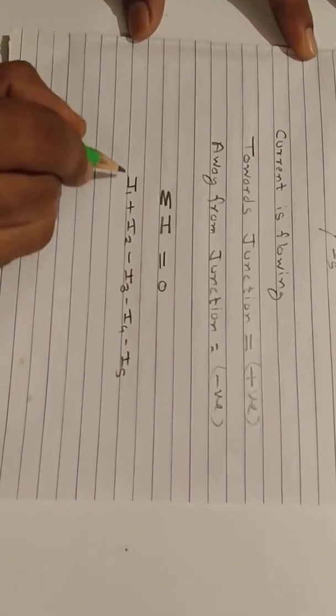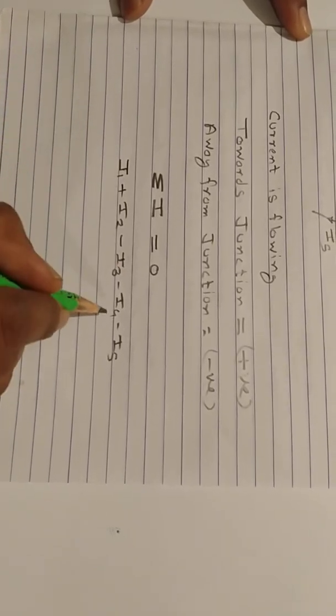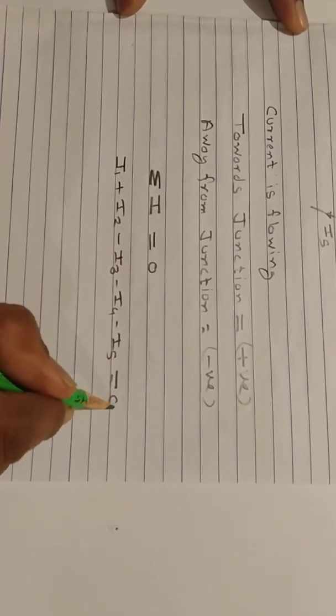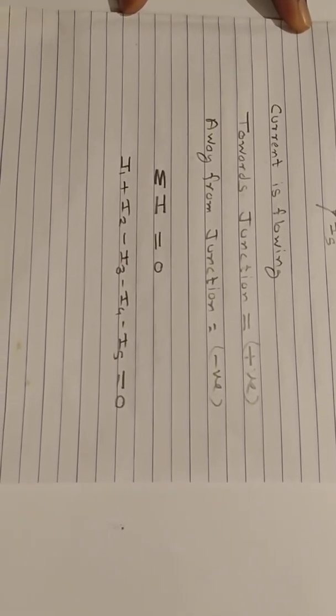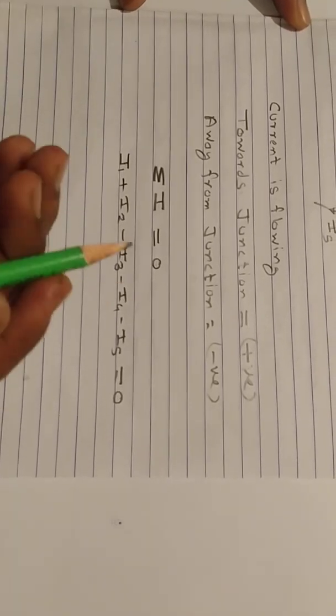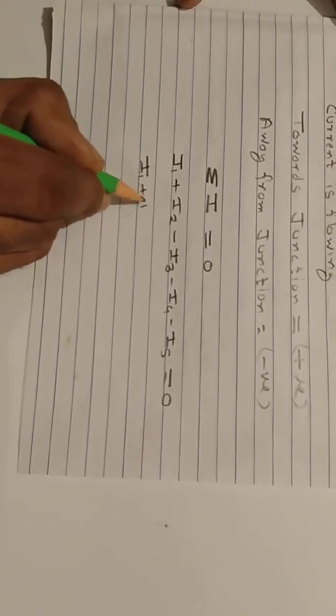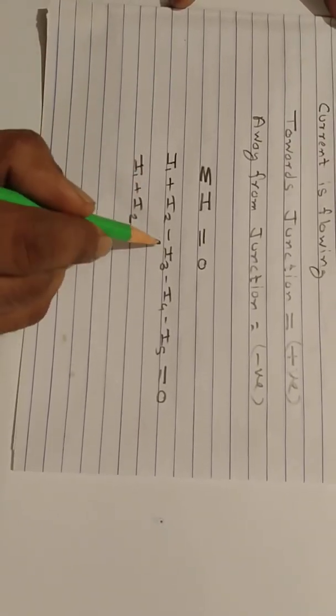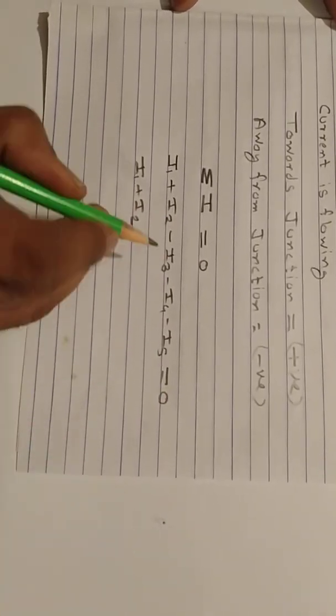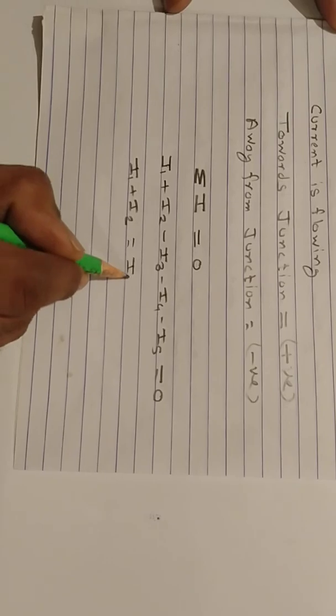This is called the statement. Algebraic sum of electric current at a junction is always equal to what? 0. But this statement can be revised in a new format if I use a mathematical concept. That mathematical concept is what? If negative currents, if I shift them towards the right hand side, the negative currents become what?